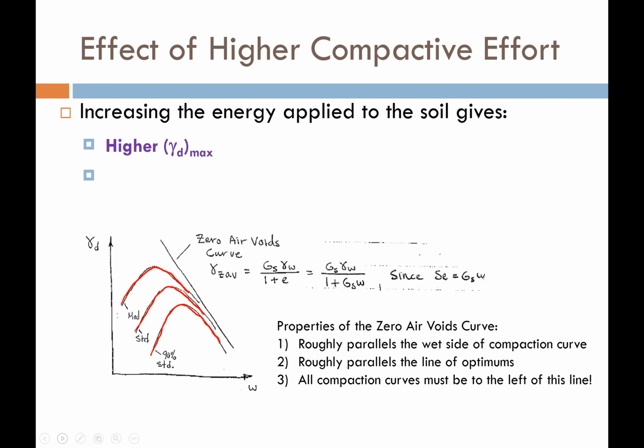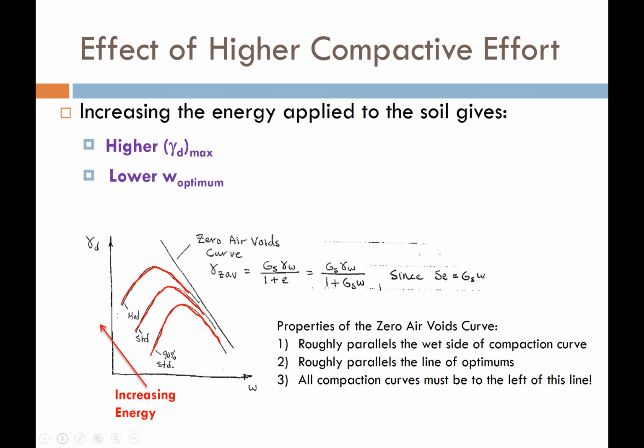That's because the greater amount of energy is going to get those soil particles closer and closer together. Now, as we add more energy to the soil, however, we're going to get a lower optimum moisture content. You can see that this peak is essentially moving up and to the left as we increase energy.